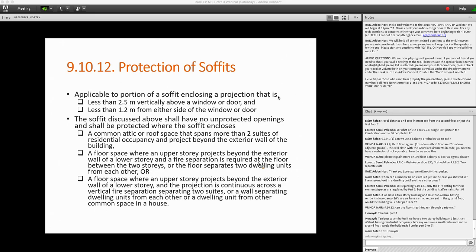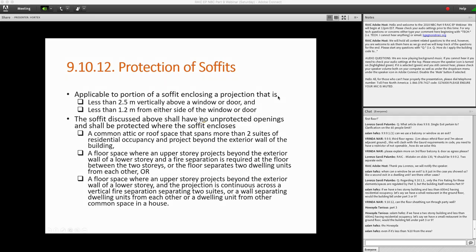Now, the protection of soffits requirement in 9.10.12.4 is applicable to the portion of a soffit enclosing a projection that is less than 2.5 meters vertically above a window or floor, such that if there is a fire and you have flames projecting out of the window, it can hit the soffit and then spread to an adjacent suite in the building. And a soffit enclosing a projection that is less than 1.2 meters from either side of the window or door. So we will see what we mean by that in the next slide.